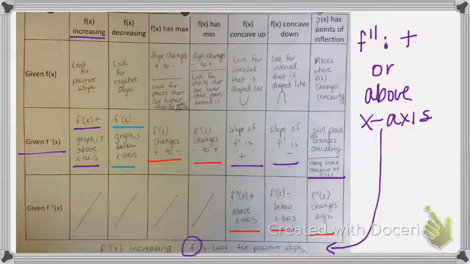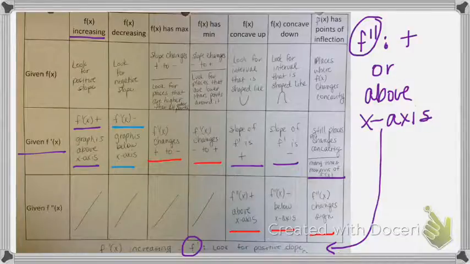So this means I'm looking at f prime, so I'm looking at a positive slope. If I'm looking at f double prime, I'm looking for f double prime to be positive or above the x-axis. I didn't write f prime decreasing, but it's the same concept. It's just negative slope and then negative or below the x-axis.